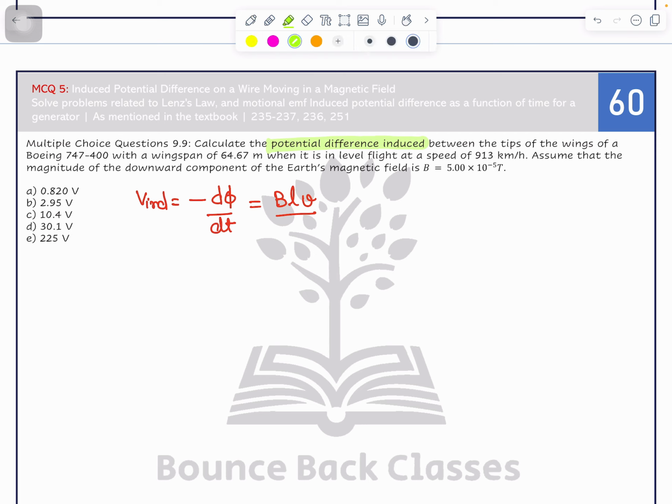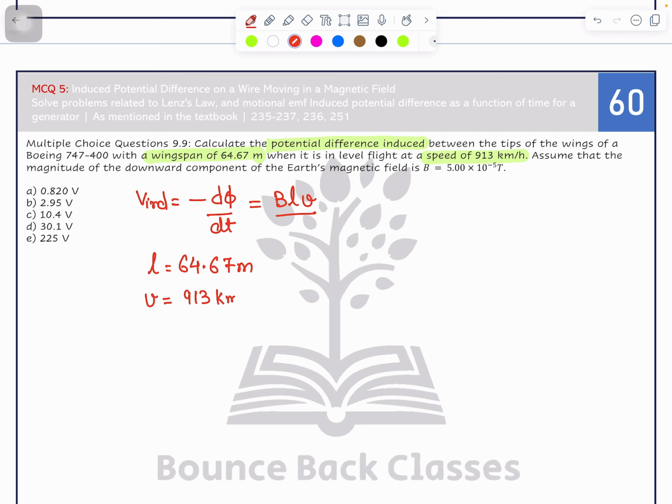Wingspan means there is a plane with wings. So the length L is 64.67 meter.